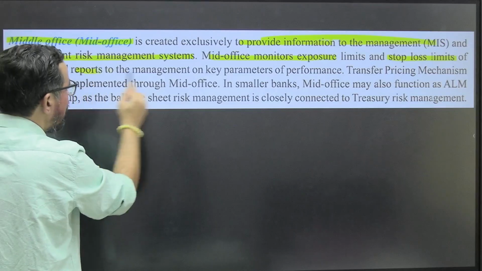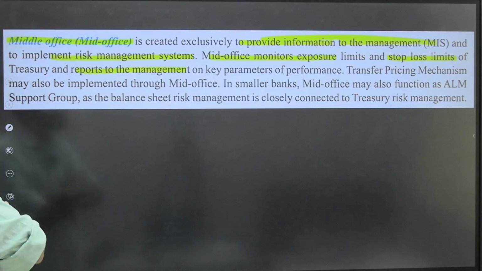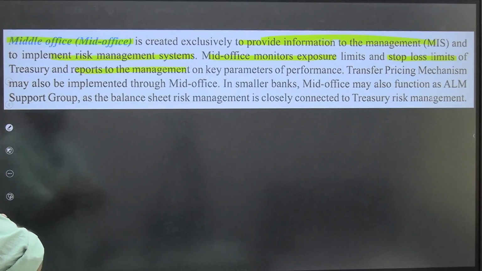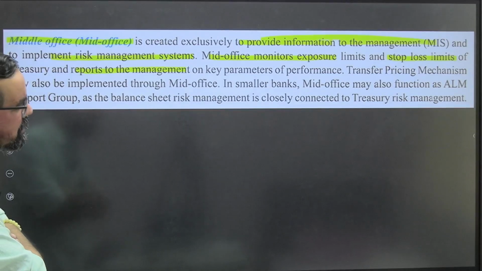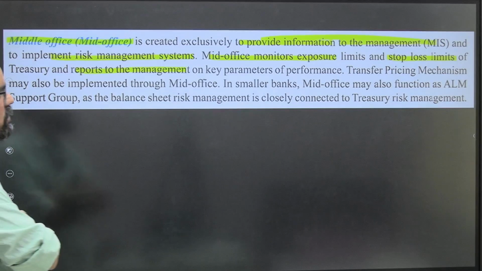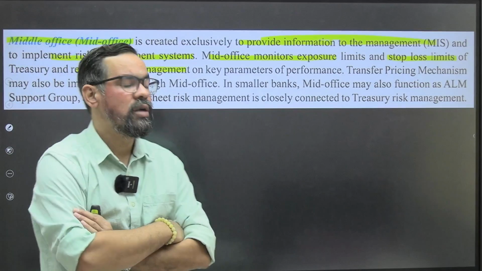Treasury reports to the management on key parameters of performance. Transfer pricing mechanism may also be implemented through mid office. In smaller banks, mid office may also function as ALM support group, as balance sheet risk management is closely connected with treasury risk management.